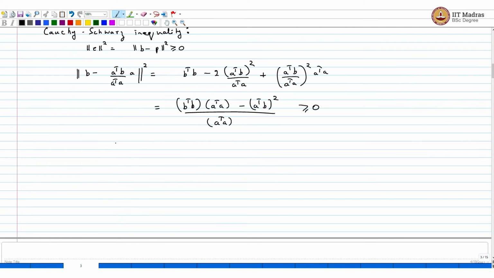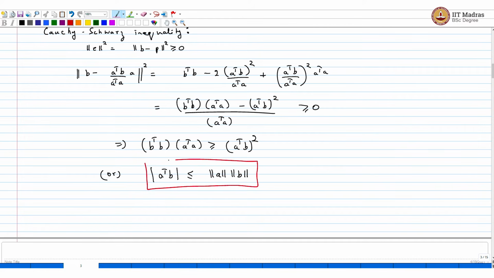which just implies the numerator is non-negative, it just implies B transpose B into A transpose A is greater than or equal to (A transpose B) square, or the absolute value of A transpose B is less than or equal to the length of A into the length of B, and this is Cauchy-Schwarz.